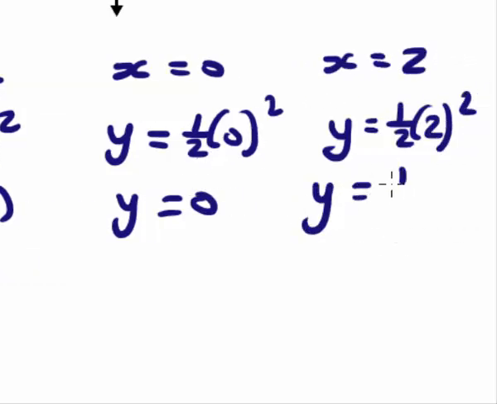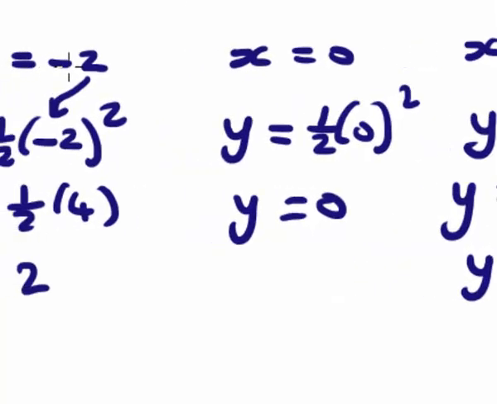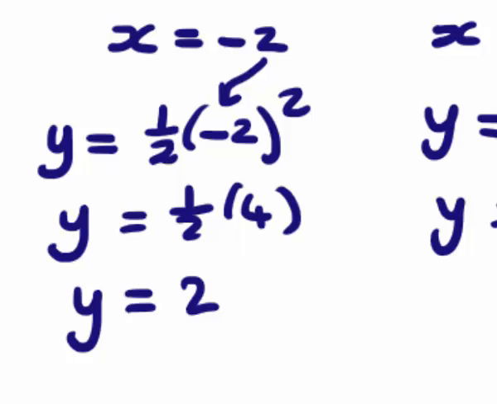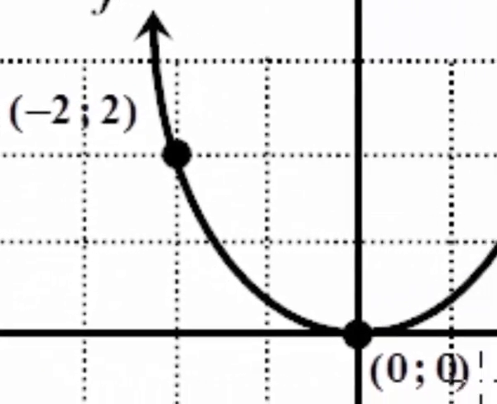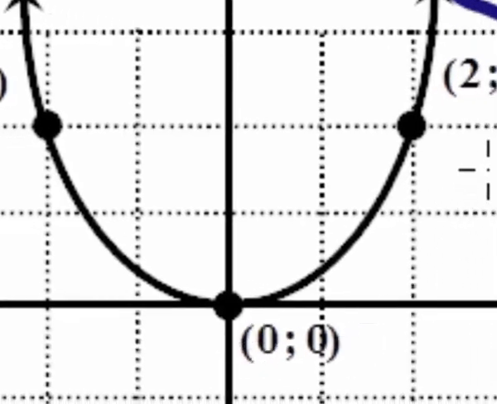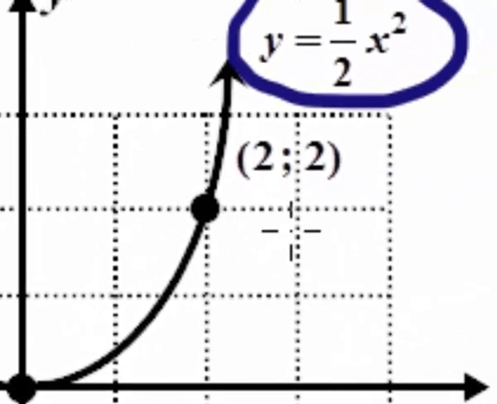Now look at this. For x is minus 2, the y is 2. So I plotted the point minus 2 and 2. Then I've got 0 and 0, and then if x is 2, then y is also 2.